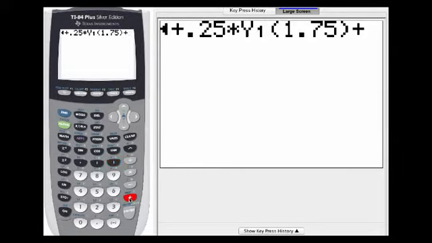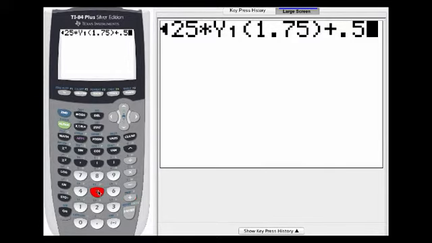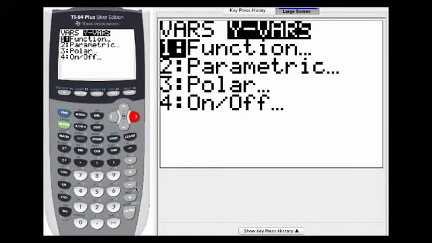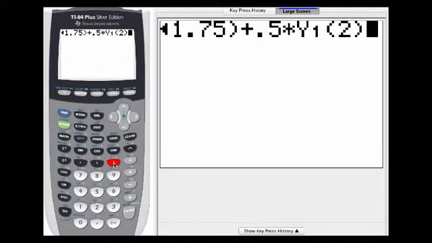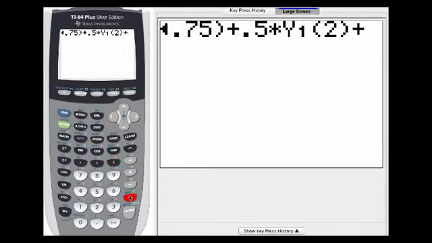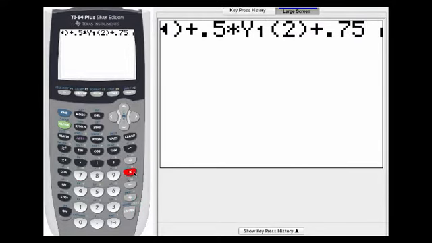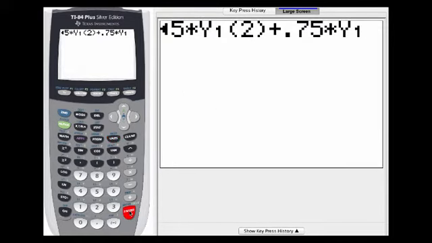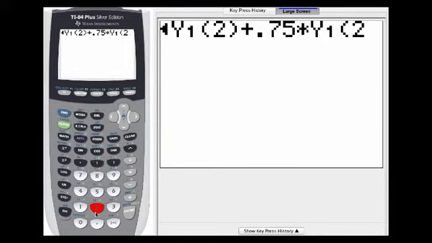Plus your fourth rectangle, the one that was 0.5 wide, times the function value at 2. Plus, finally, the last one had a width of 0.75 times the value at 2.75.